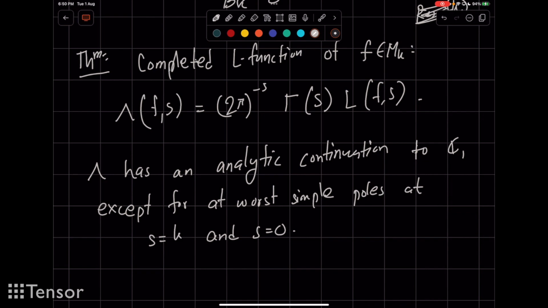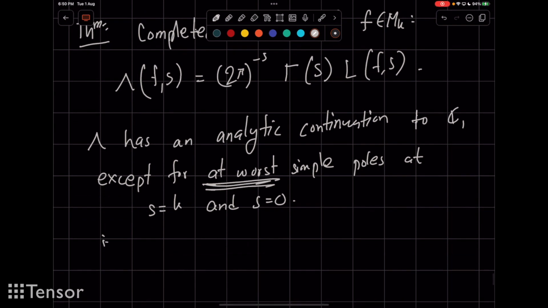And why did I write at worst? Because if f happens to be a cusp form, then the analytic continuation is entire. That means there are no poles if f is a cusp form. So, in other words, if f belongs to S_k, then lambda is entire.